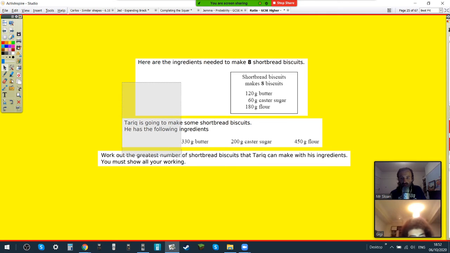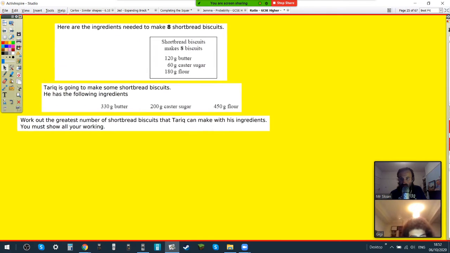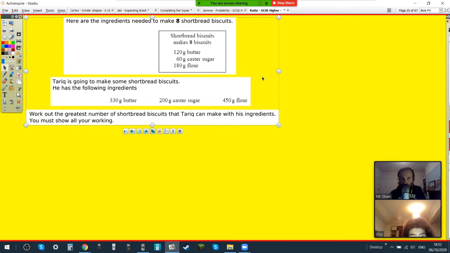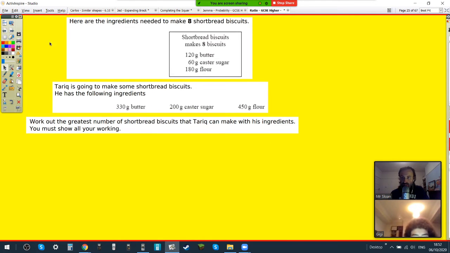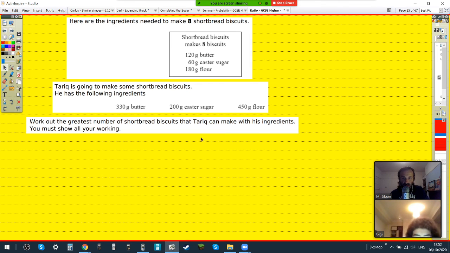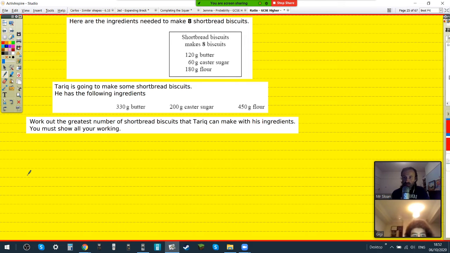This is also stuff with ratio, kind of proportion. Okay, greatest number of biscuits he can make with these ingredients. Let's make 8. 120, 60, and 180. Greatest number.